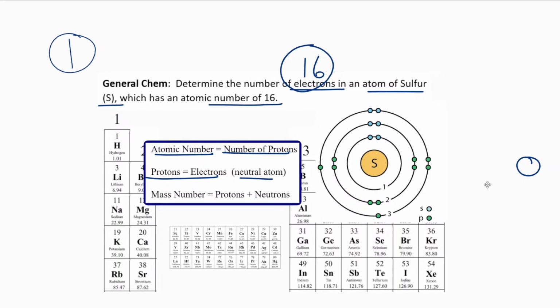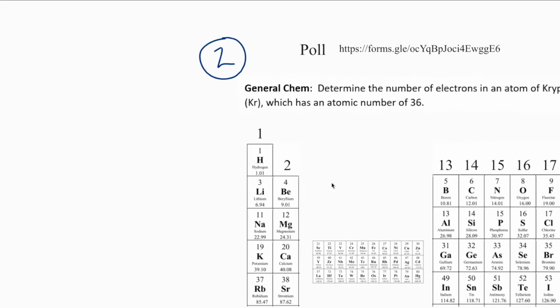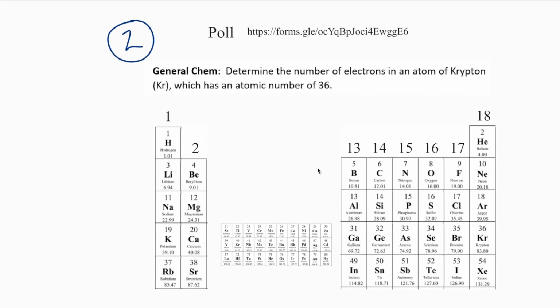And from that, we can figure out the electron configuration. So let's try something over here. Give this a try, and I'm going to put a poll in the chat. So you can go right to the chat and do the problem because the question's there and everything. Let me try that. This is the first time I've actually tried this, so this is a good test.